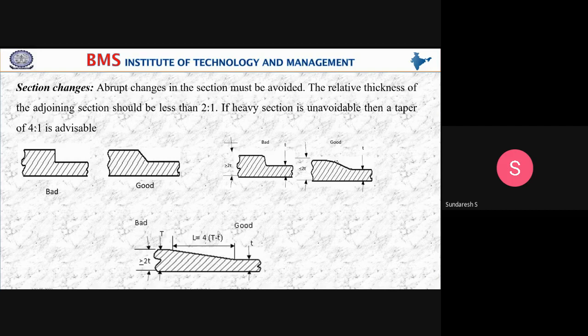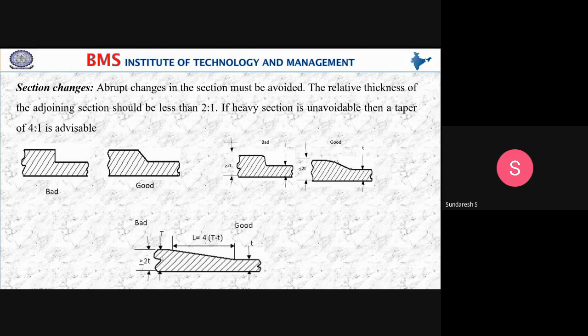So look at this, the heavy sections over here. See, this is bad and this is good. Look at here how it will go. The taper they are going to give is a 2:1 taper. See, this is the bad design and this is the good design. And here also, this is the bad design and this is the good design. Look at how you have to modify your designs.